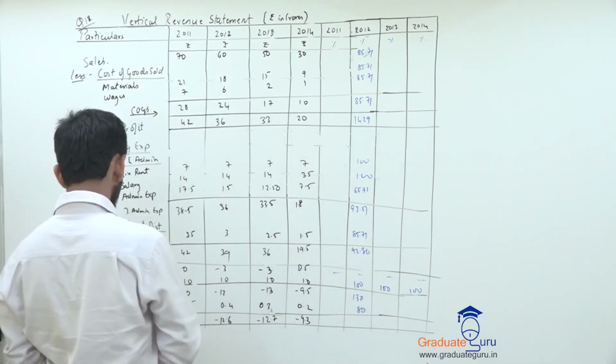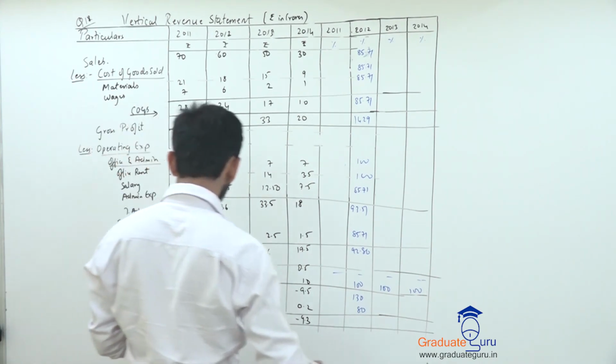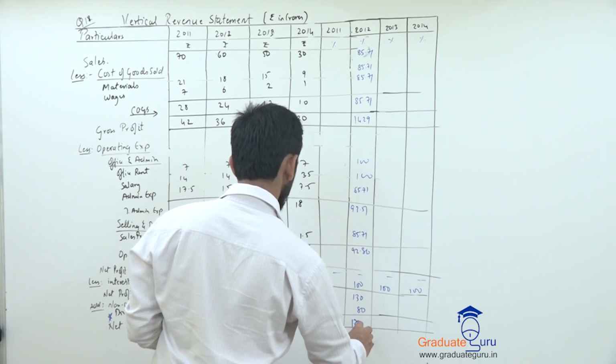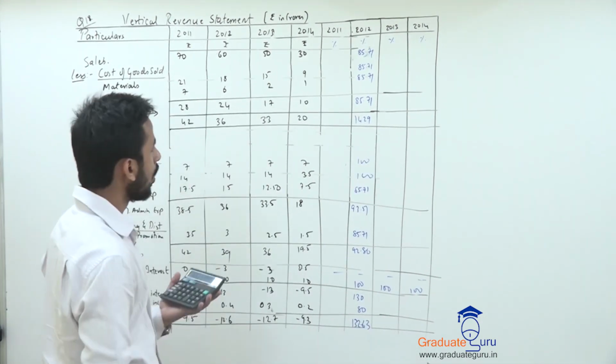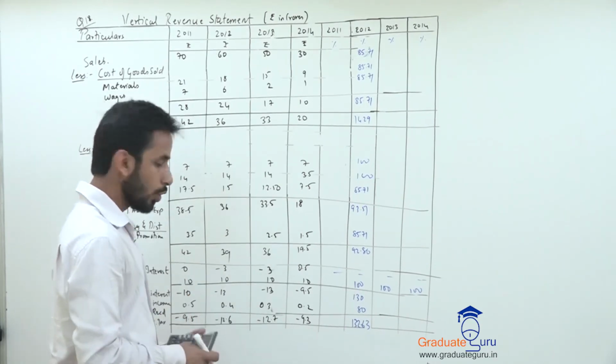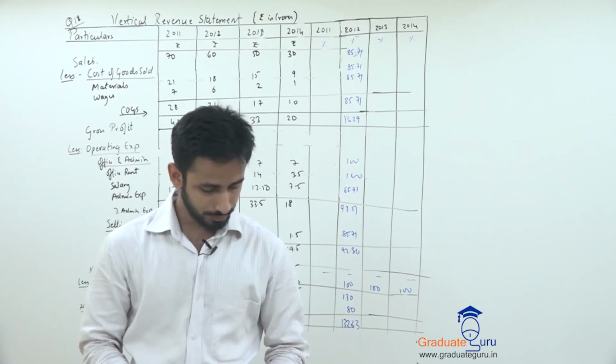And 12.6 divided by 9.5 will give you 132.63. One I have done, the remaining two you're going to do. Copy, solve it, and you're done. Fast.